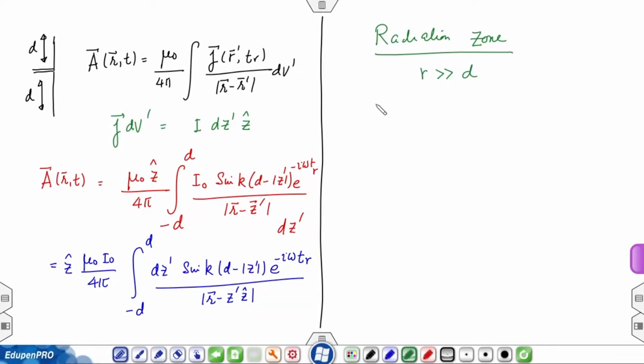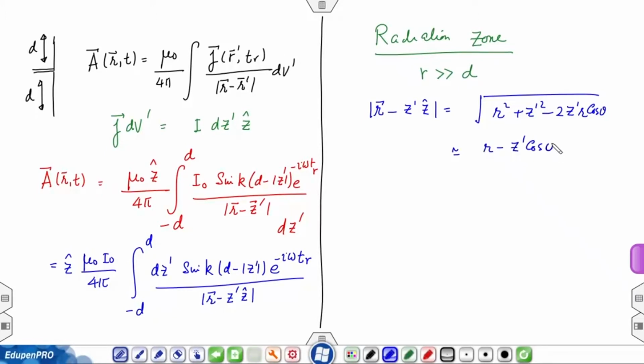So, I am going to write mod of r minus z prime z-hat as equal to square root of r square plus z prime square minus 2 z prime r cosine theta, which I can roughly write as r minus z prime cosine theta.